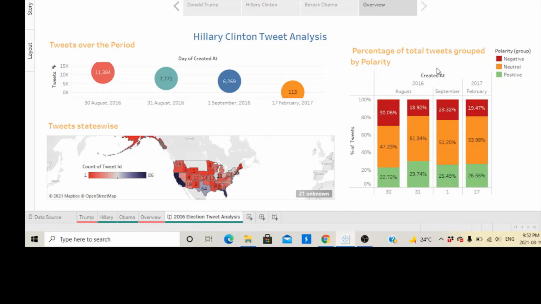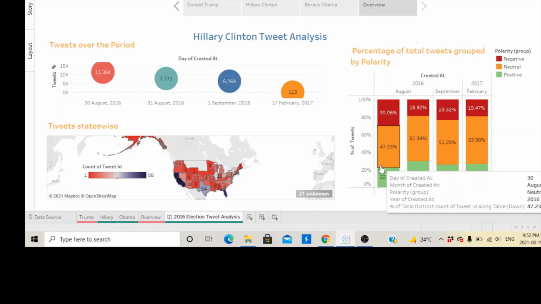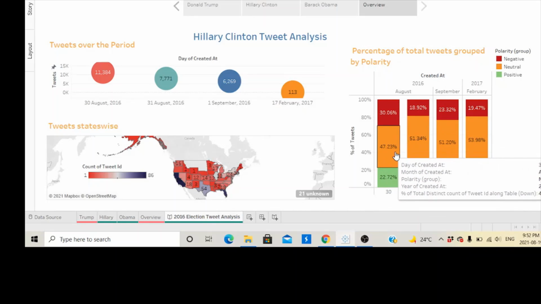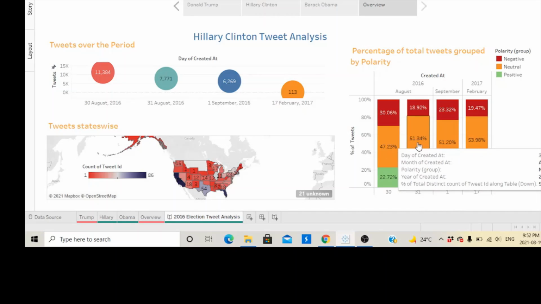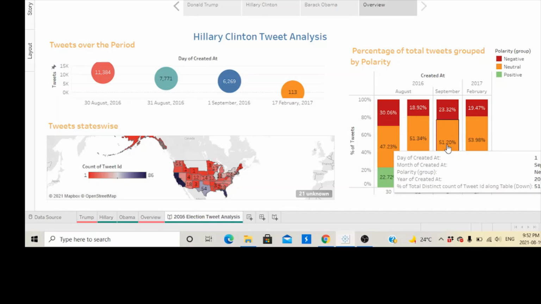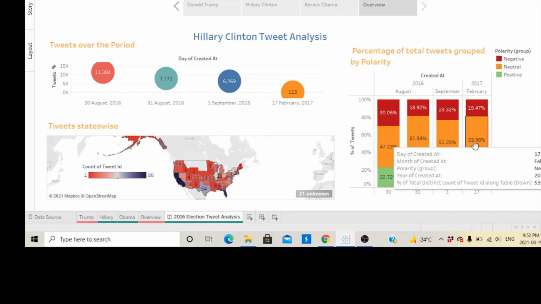On the day the tweets were created, on August 30th it was 47.23, and on August 31st, 51, so it increased a little bit, and then on September 1st it was the same, and on February 17th the percentage increased.